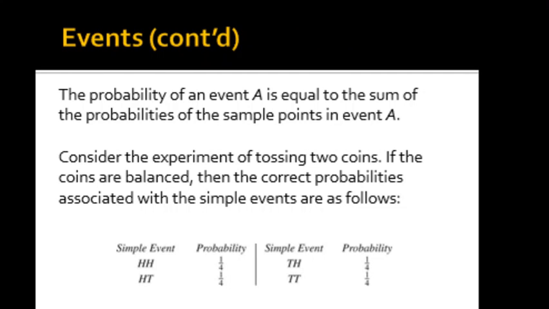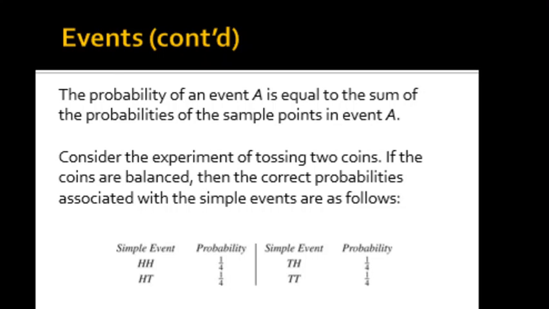Let's look at another example and then find the probability of an event A. So we know for a simple event, the probability can be calculated as a proportion of the total number of outcomes. For a probability of event A, we will add the probabilities of the simple events that are part of that event A. So let's look at an example.